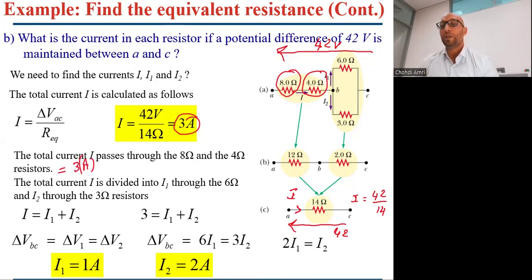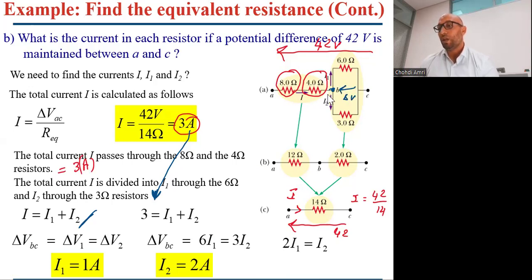Okay, now what happens to the current at this junction B? At this junction B, the current will be divided into two currents, I1 and I2. So we can write that the total current I will be equal to I1 plus I2. Very good. However, I is equal to 3 ampere, as you know. And these two resistors are connected in parallel, so they have the same potential difference.